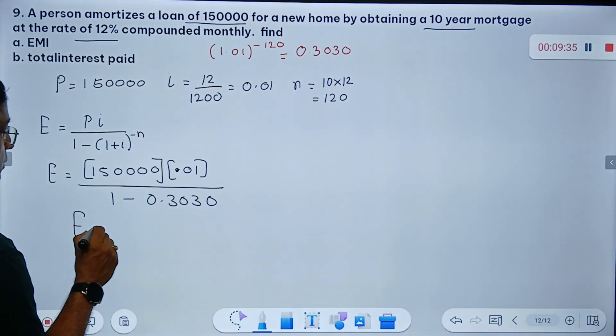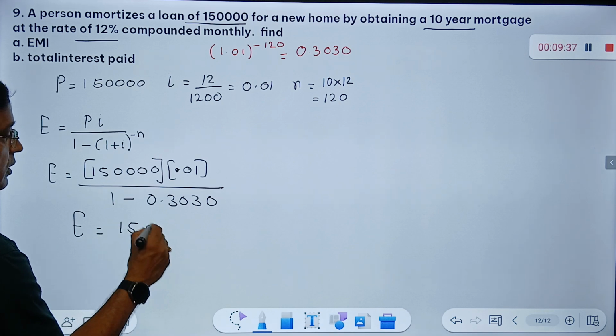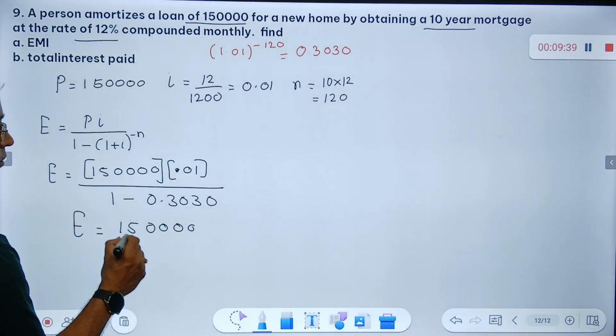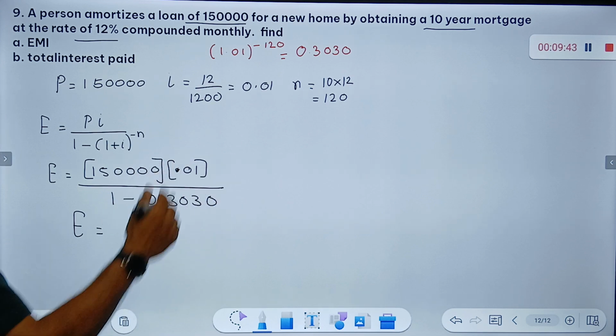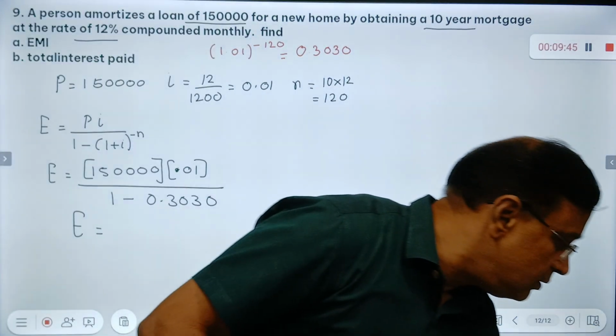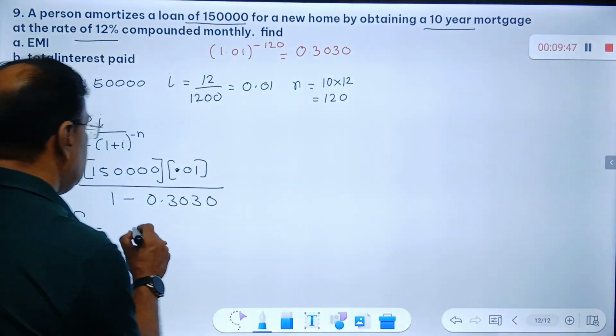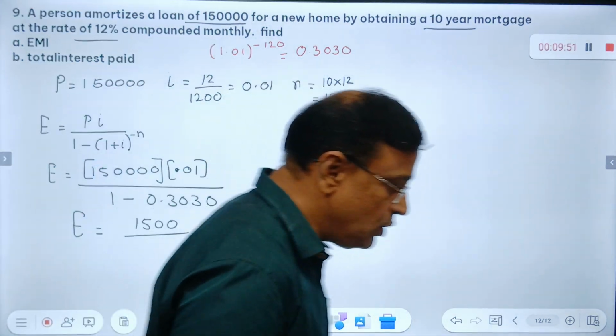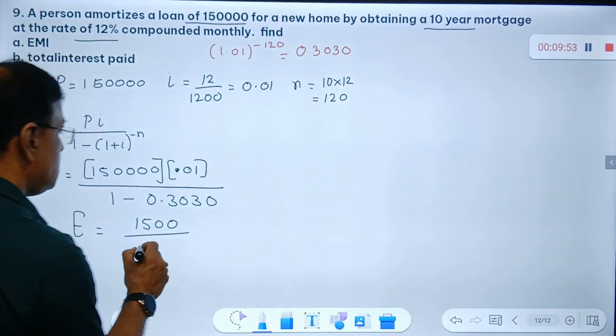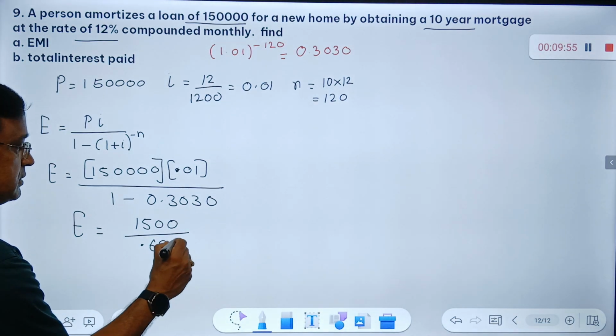So the EMI equal to 1,50,000 into 0.01, it's easy multiplication. It is 1,500, correct? So it is 1,500 divided by, if you subtract this, I think I'm getting 0.6970.